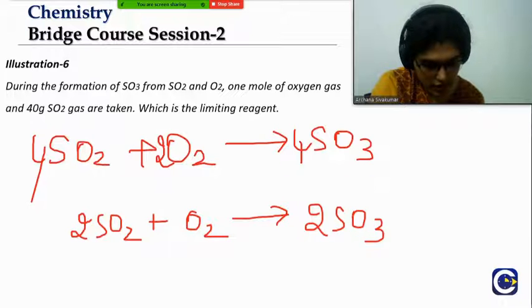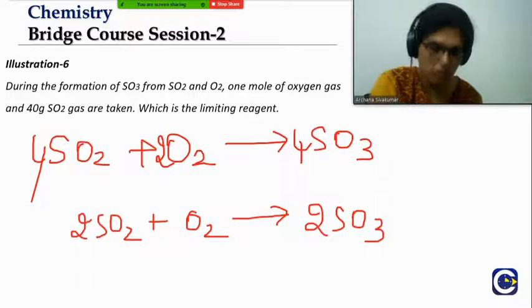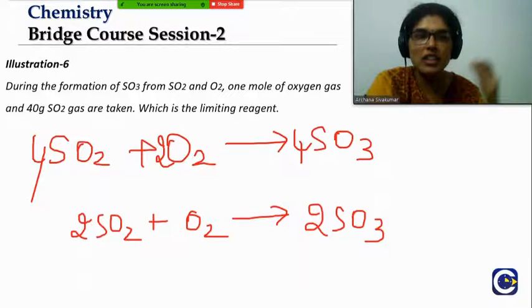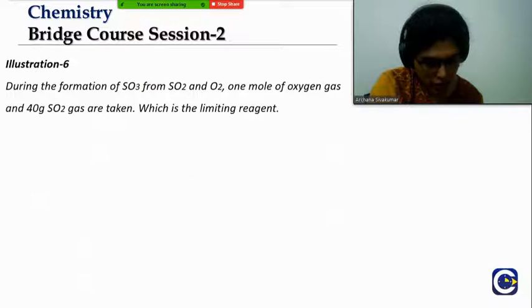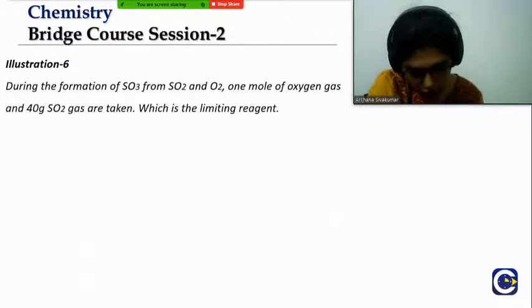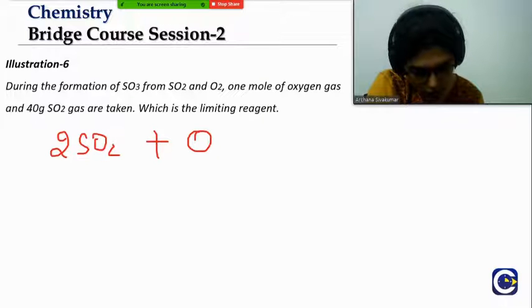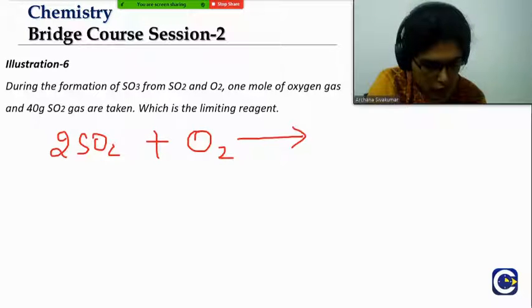See, 2 sulfurs and 6 oxygens on each side. Whenever there is a common coefficient, we can just divide and bring it down to the simpler one. So the final equation is 2SO2 plus O2 giving 2SO3. This is the reaction.